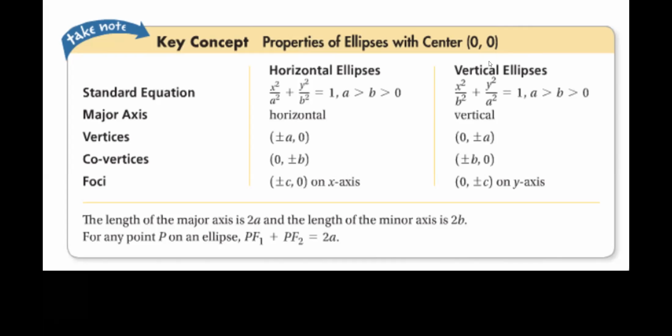And if I'm talking about vertical, A will be under Y. I will tell you from the equation how we can find C and where we get this one from, at the 6th period.